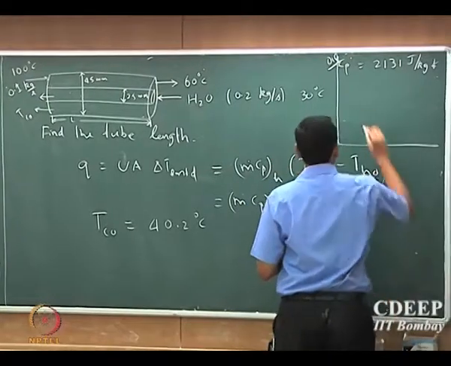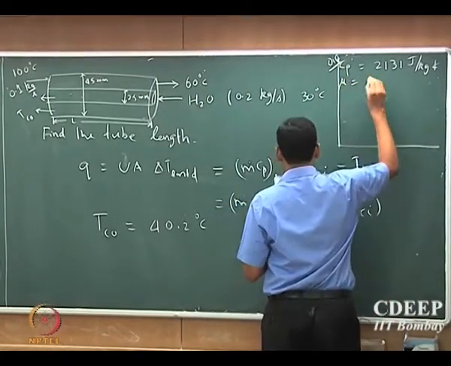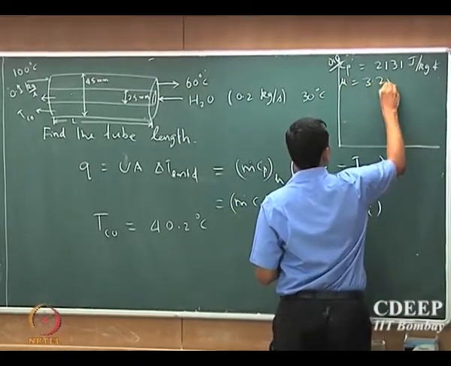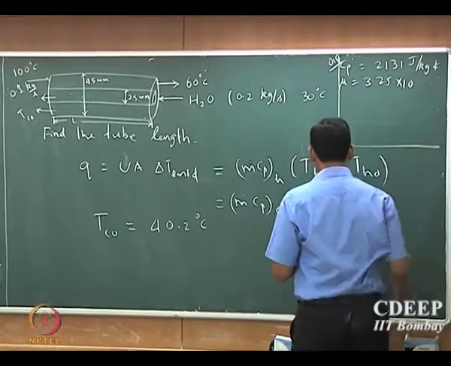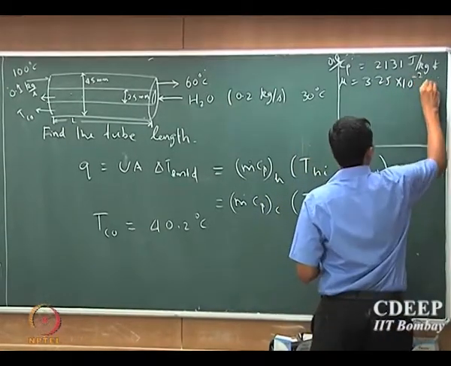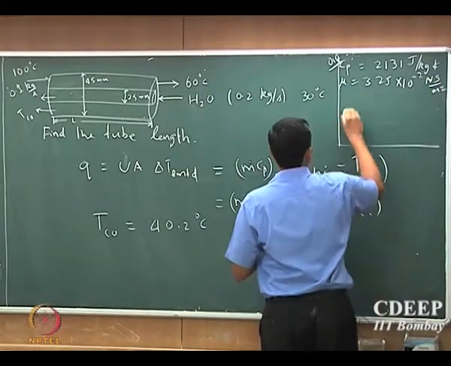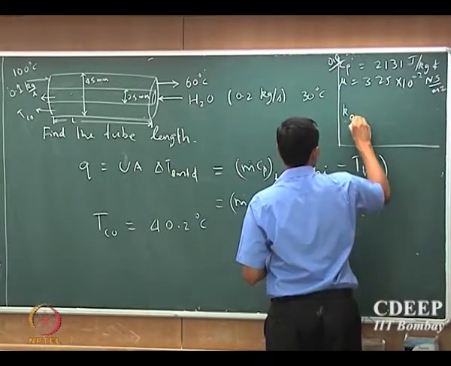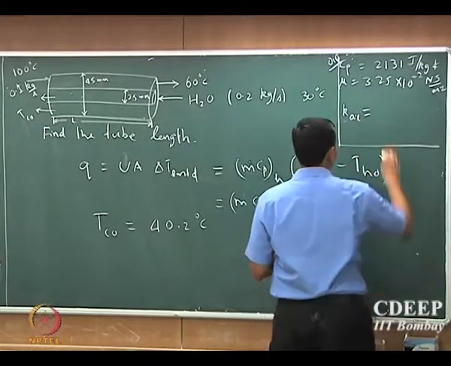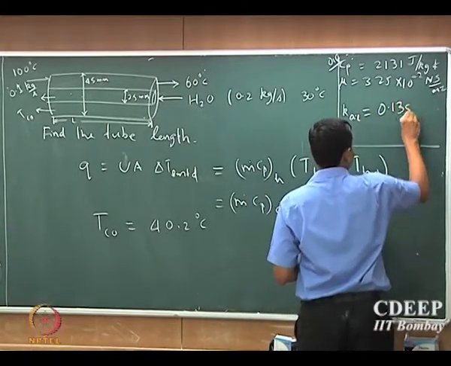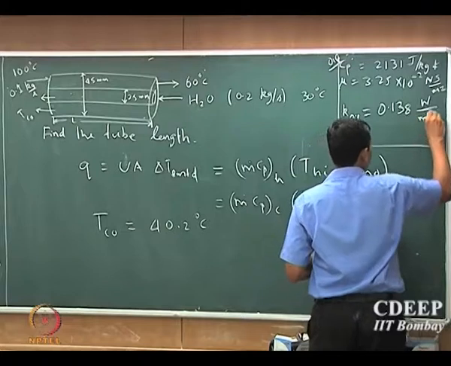That's for oil. And the viscosity is 3.25 into 10 power minus 2 Newton second per meter square, and the conductivity of oil is 0.138 watt per meter Kelvin.